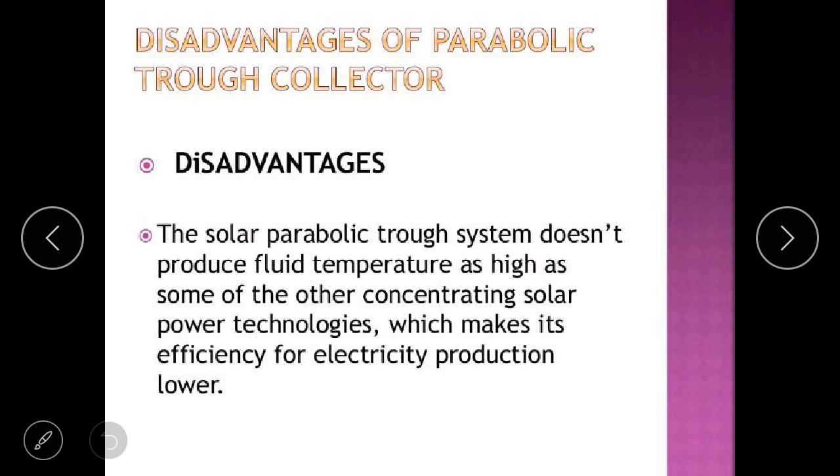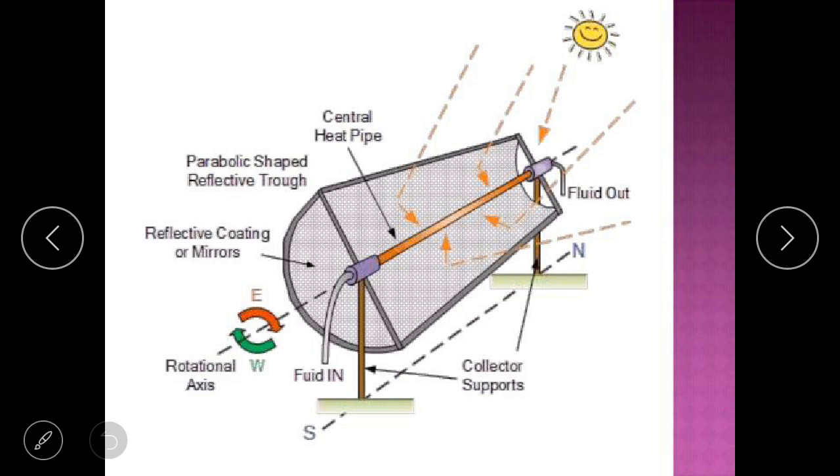Disadvantages, already told. The solar parabolic trough system does not produce fluid temperature as high as some of the other concentrating solar power technologies, which makes its efficiency for electricity production lower. That is your central heat pipe, which is already installed in our thermal lab; we already saw how it works.